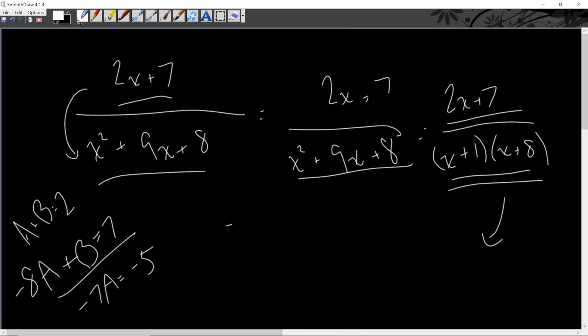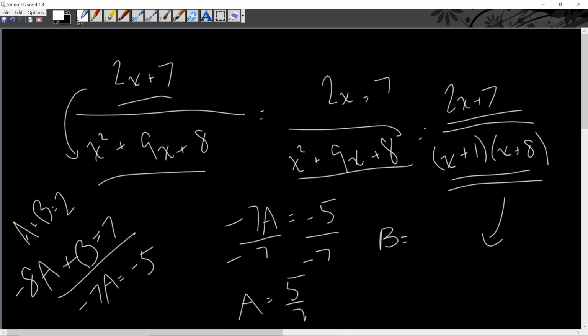So once we divide negative 7a and negative 5 by negative 7, we're going to have a equals positive 5 over 7. Then from here, we are going to do b. If a plus b is equal to 2, then 2 minus 5 over 7 is what we're looking for, and that's going to be 1 and 2 over 7, or 9 over 7.